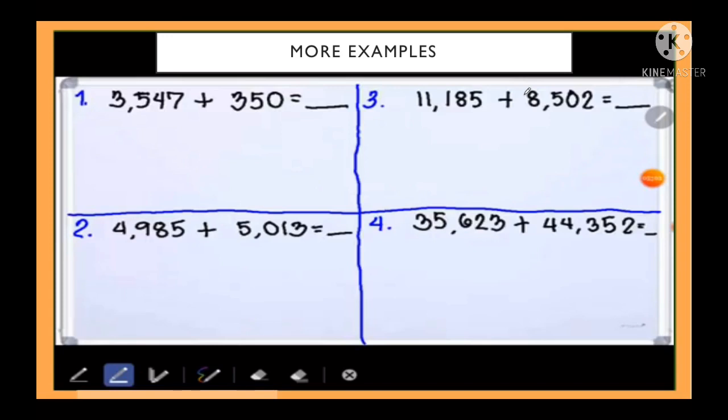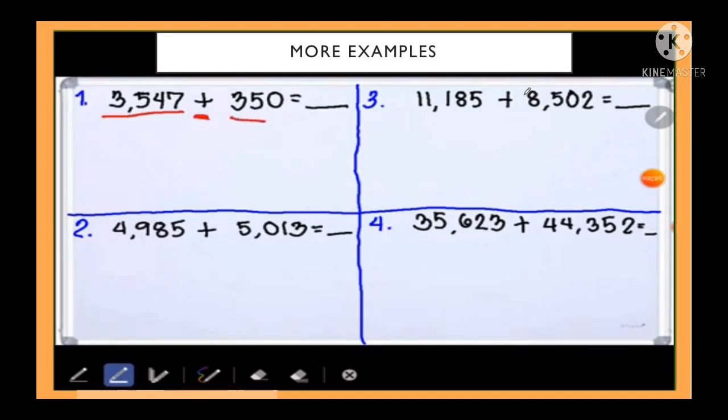We will start with number 1, of course. Can you read first the numbers? What number is this? Yes, it's 3,547. The symbol is plus. Good job.